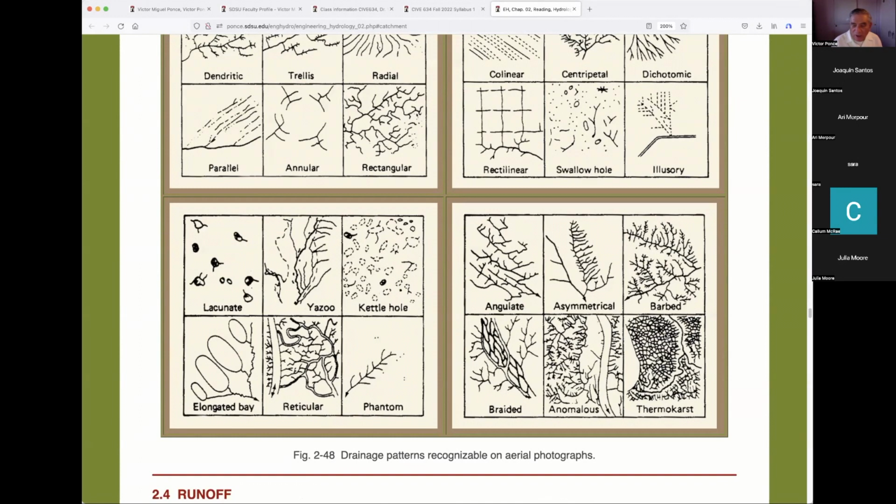Thermokarst. What is thermokarst? Thermokarst refers to the situation where the local geology is karstic, meaning the geology is porous and has a lot of water in there, and therefore it's very hard to get runoff on the surface. The runoff is typically underground.